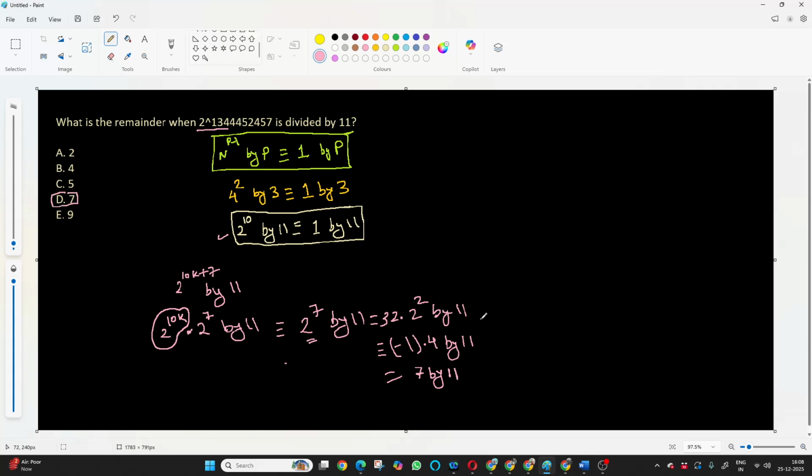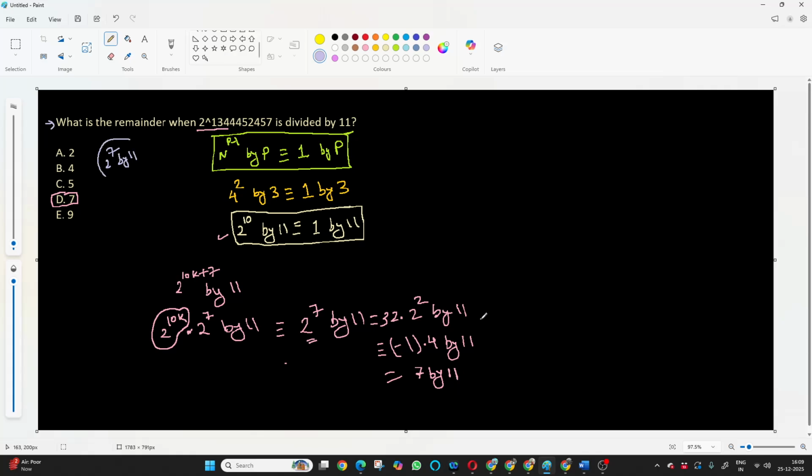Now, this is something that I just went through to explain to you. If you are on top of your game, and this is internalized and you have practiced it, when you see this question for the first time, you will look at this expression, you will look at this 11, and you will simply say 2 to the power 7 by 11.